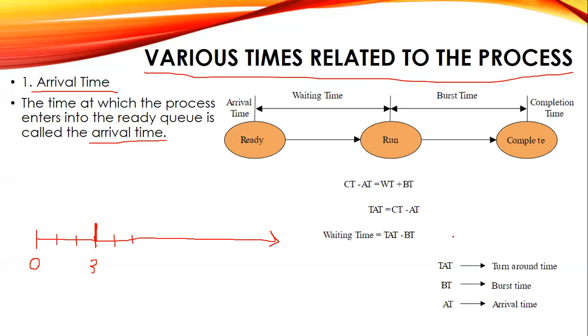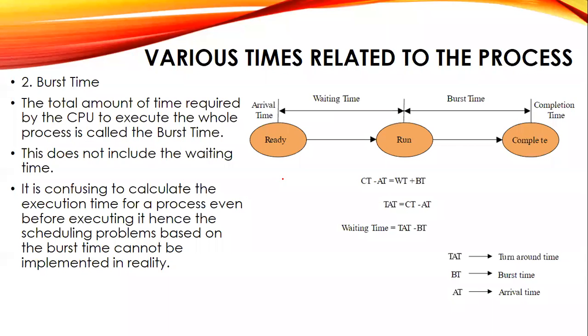Okay, for now, forget about these images. I will explain to you. The burst time, the total amount of time required by the CPU to execute the whole process, is called the burst time.